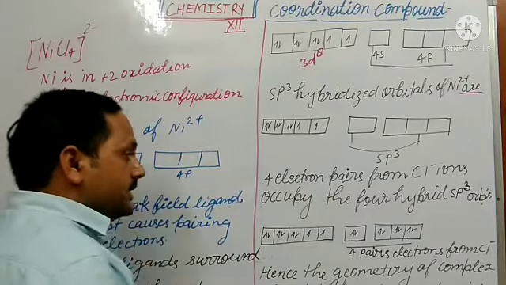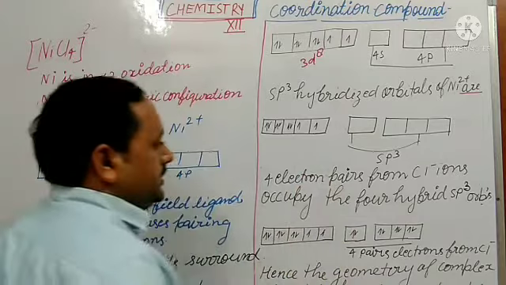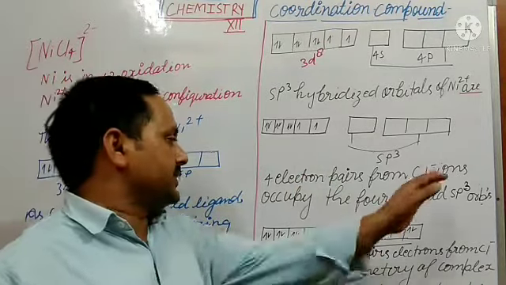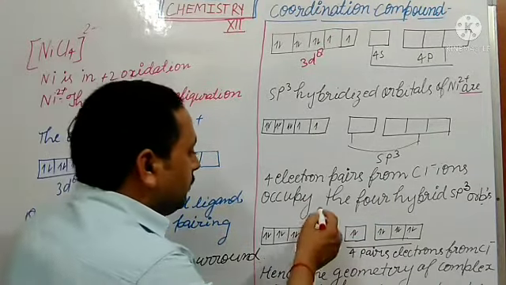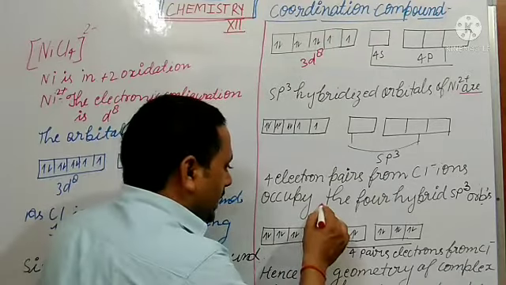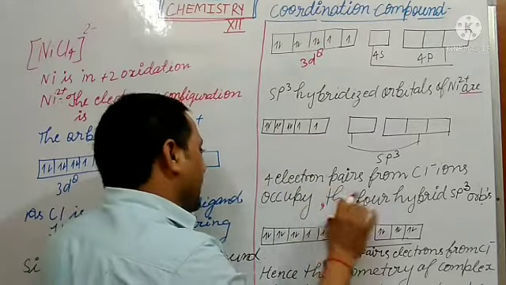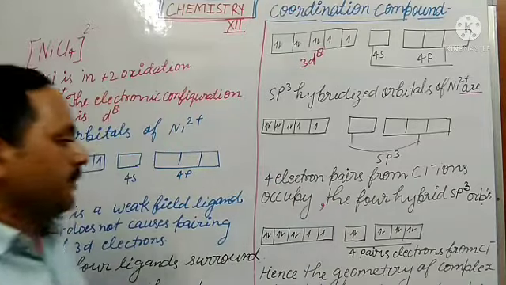Okay, so these orbitals are empty. 4 electron pairs from chloride ions occupy the 4 sp3 hybrid orbitals.